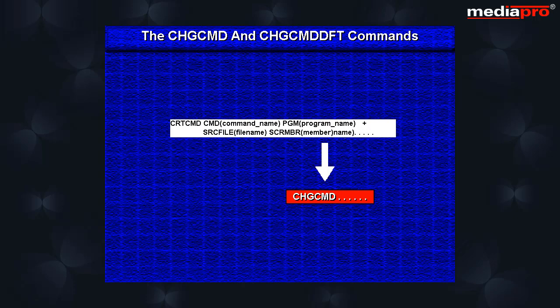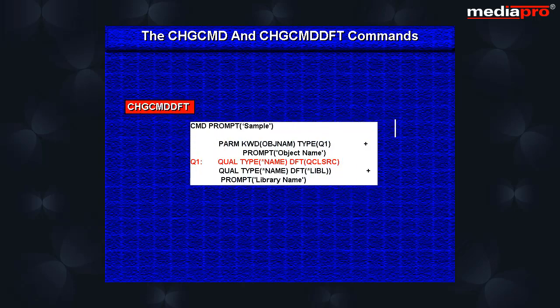With change command, we can modify the attributes we had specified when creating the command object using the CHGCMD command. The change command default command allows us to change the parameter default values without having to recreate the command.